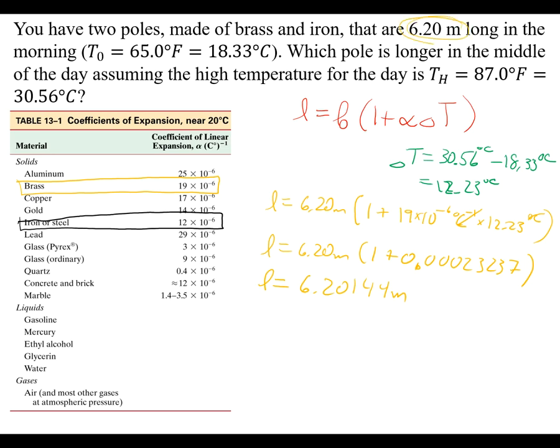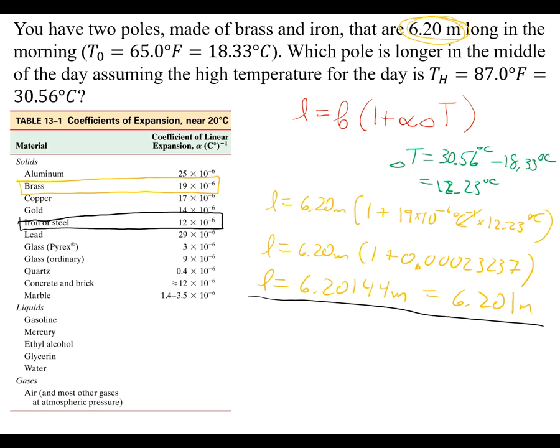You only have 3 significant figures to start with, so that's going to become 6.20. We're going to say 6.201 meters. Now we're probably going to need those extra significant figures just for comparison. But let's move on to the iron just to see what happens.